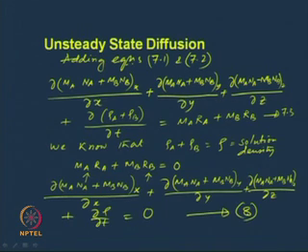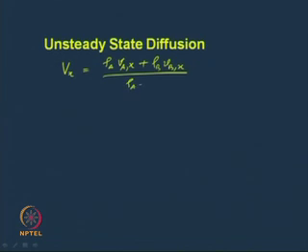Now, we know that the mass average velocity Vx is (ρA vAx + ρB vBx) by (ρA + ρB).